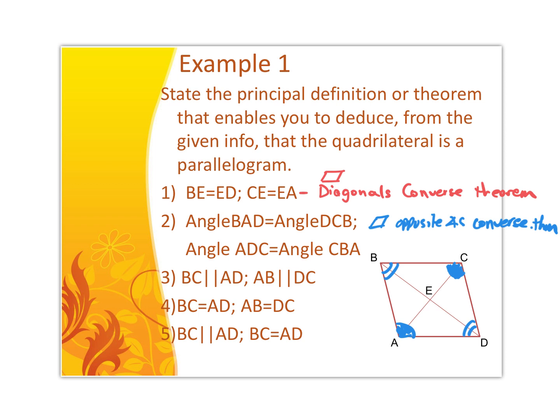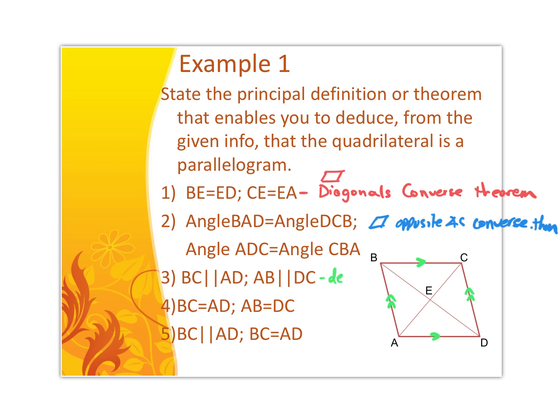Let me erase the 2, right? Number 3 says BC is parallel to AD, and AB is parallel to DC. And so notice that we have 2 pairs of opposite sides which are parallel to each other.